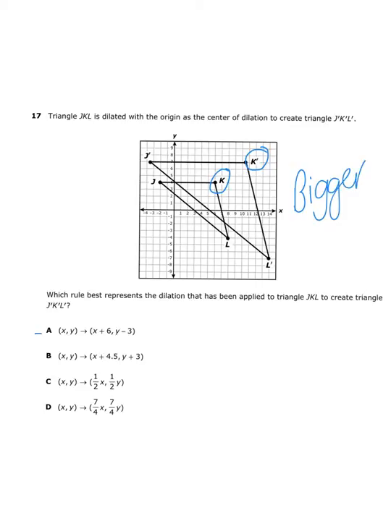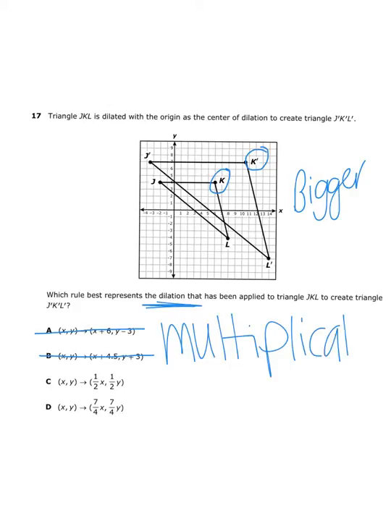I can automatically eliminate A because that's adding and subtracting, and B because that's adding and subtracting, and dilation is always multiplication. So I can eliminate anything that's not multiplication. C would make it smaller, which means D would make it larger. So the scale factor is 7/4.